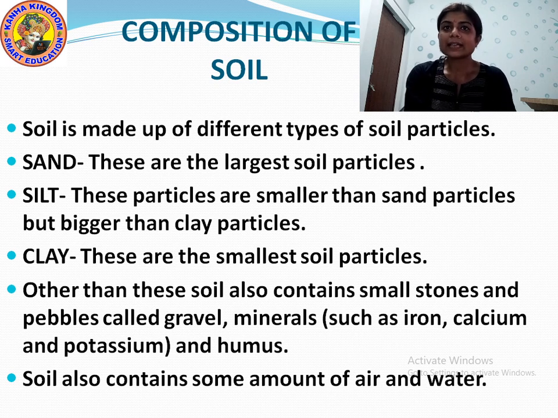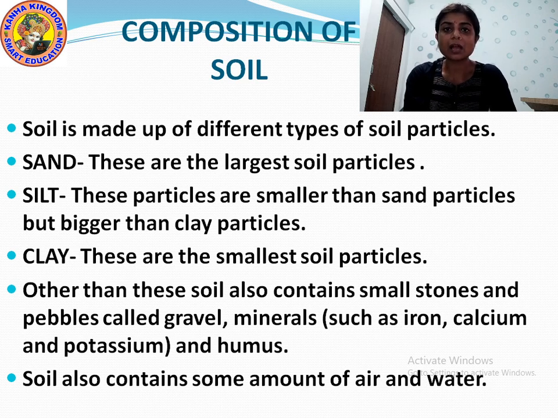Other than these, soil also contains small stones and pebbles called gravel, minerals such as iron, calcium and potassium, and humus. These are along with sand, silt and clay. You find some tiny stones and pebbles in the soil, which are known as gravel.